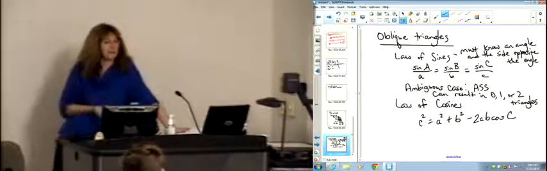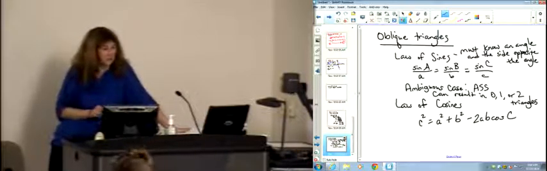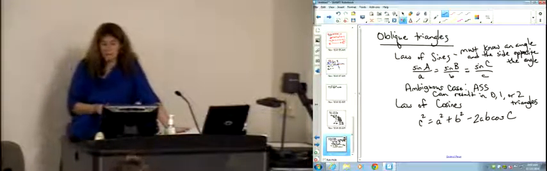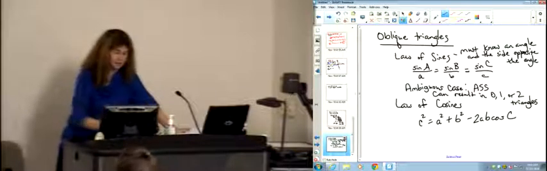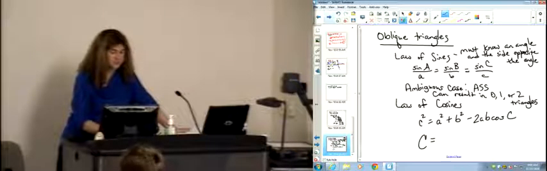We were able to change out our variables depending on what we were given. We were also able to solve for the angle C there. Remember when we solved for C, what did we get? Anybody remember that?